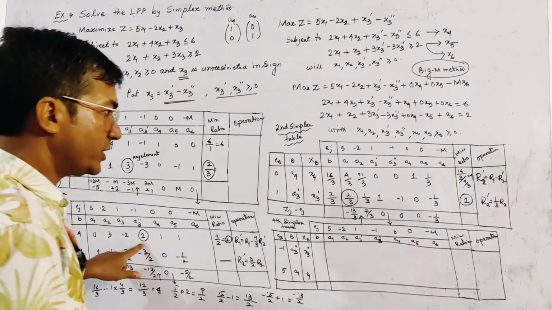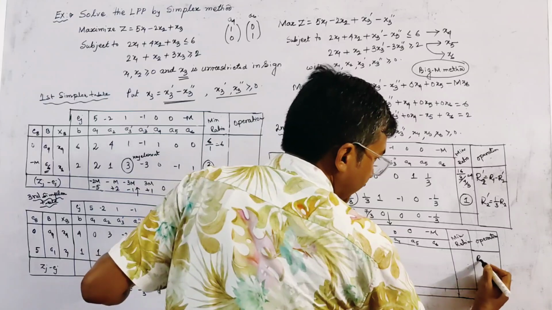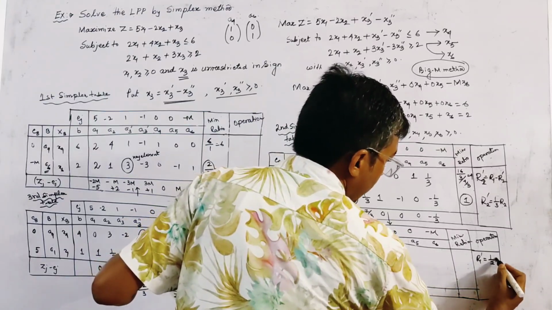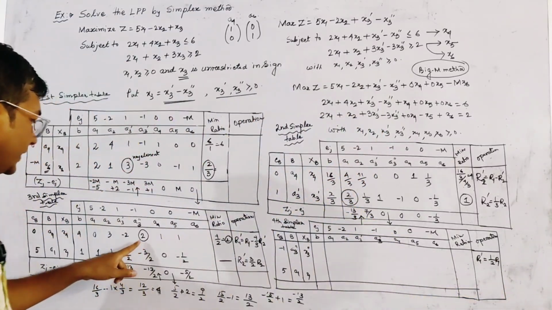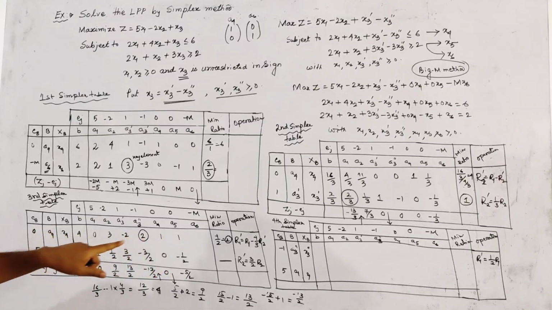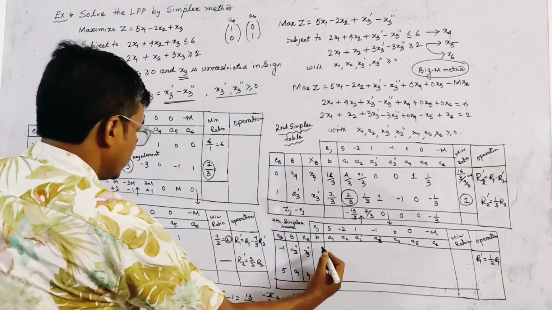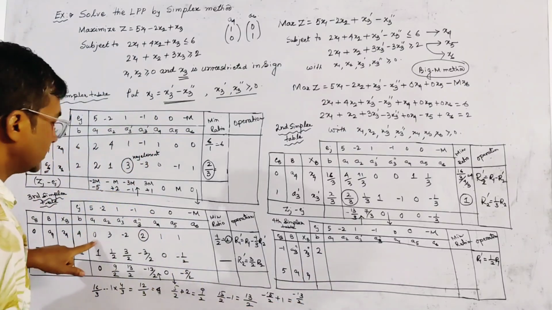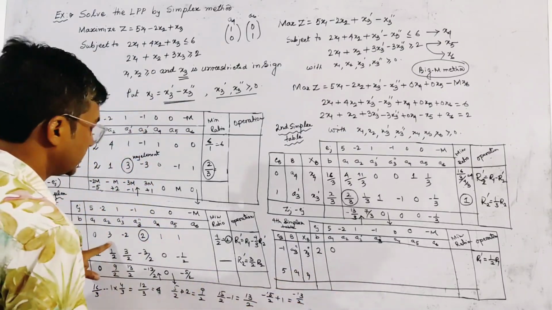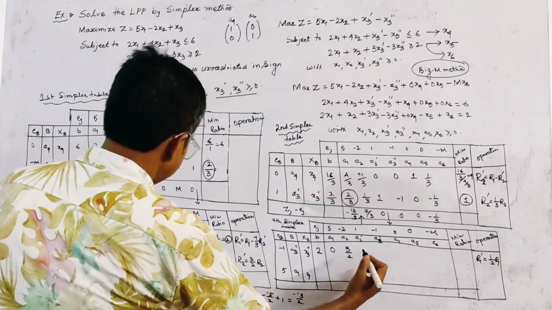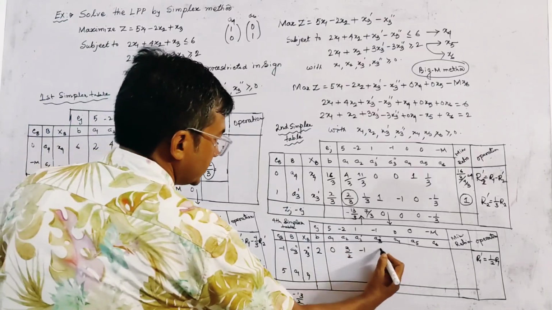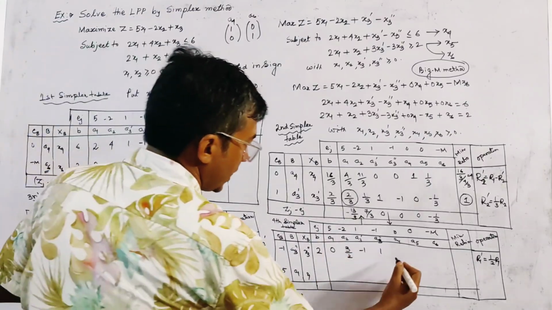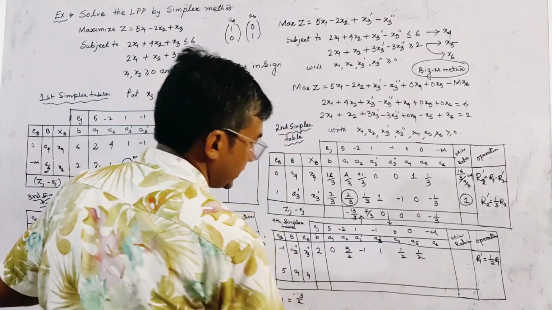So make an operation as R1 dash equal to half into R1, getting all the row by dividing it by 2. This is 4 by 2, so this is 2, this is 0, this is 3 by 2, this is -1, this is 1, this is half, and this is obviously half.